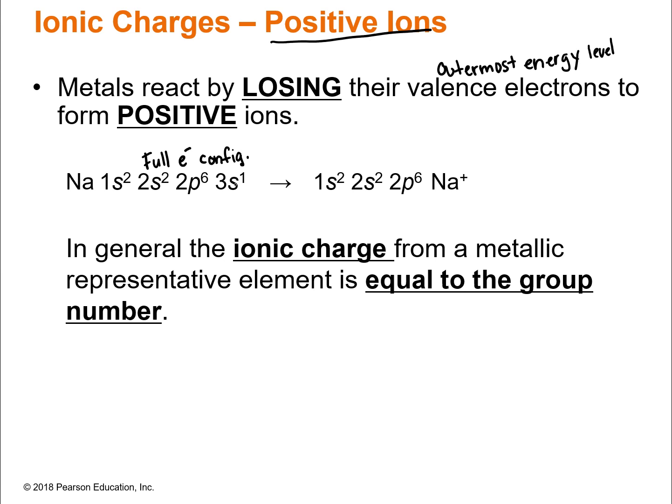Remember, the valence electrons are the outermost energy level, so it's going to be the one that's got the biggest main energy level. That's going to be the 3s. The outermost energy level is the one that has the highest n. So these are your valence electrons.